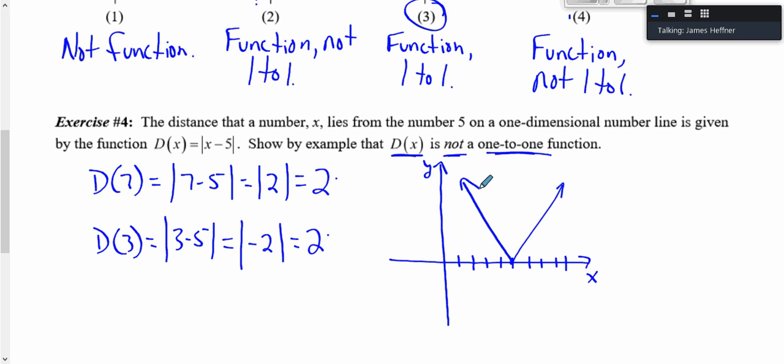But what about the horizontal line test? No, right? So here's our 5. Here's our value of 3. Our input of 3 has an output, I guess that'd be 2, the way I drew it. And here's our input of 7. It also has an output of 2. See? So it cannot be one-to-one, even though it is a function.